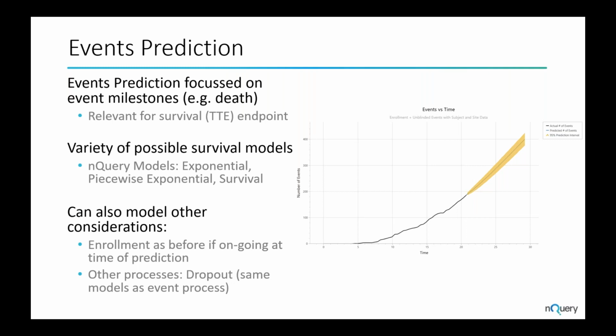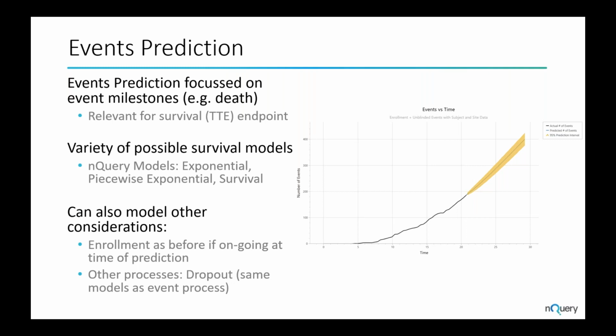And there could also be some other issues to consider too, such as dropout, cure processes, or any other kind of competing process. Basically, anything that can lead to a subject not having the event of interest should be modeled so that we can have a more accurate idea of how many people are available to have our event at any given time.